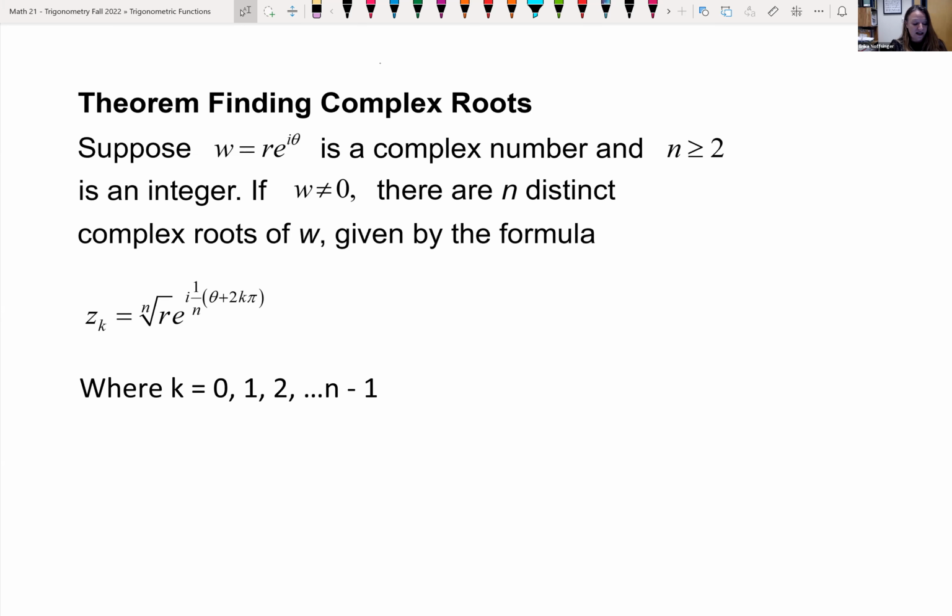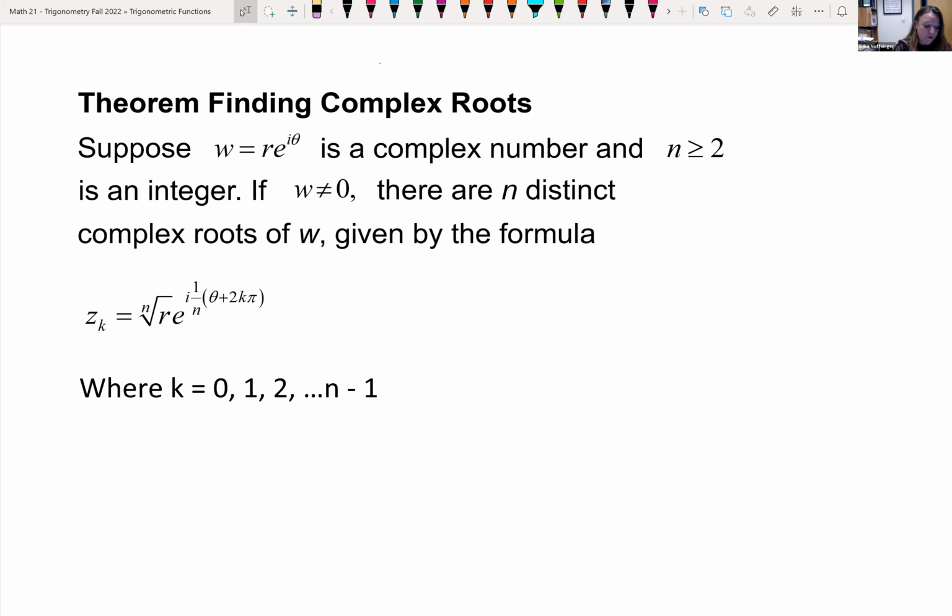If W does not equal 0, there are n distinct complex roots of W given by the formula Z sub k is equal to the nth root of R, all times e raised to the I times 1/n times the quantity theta plus 2k pi, where k is defined to be 0, 1, 2, up to n minus 1.